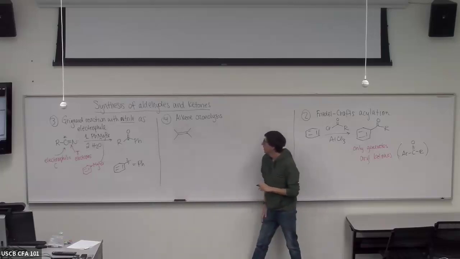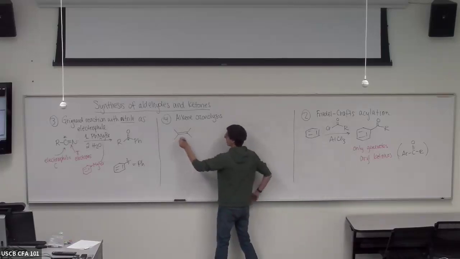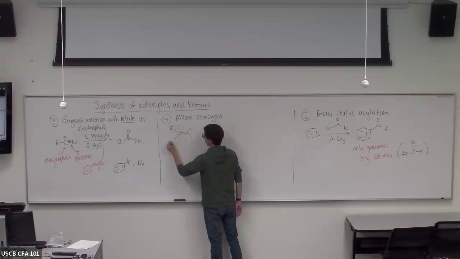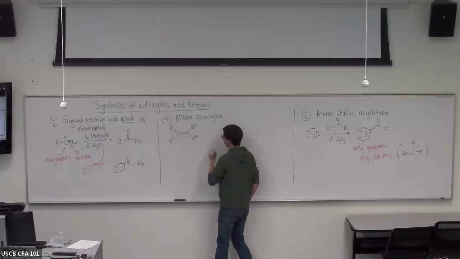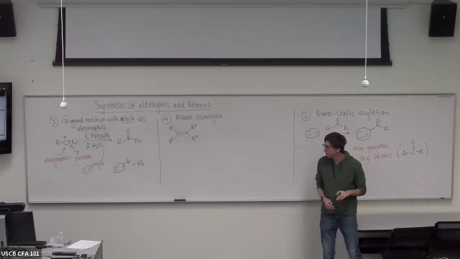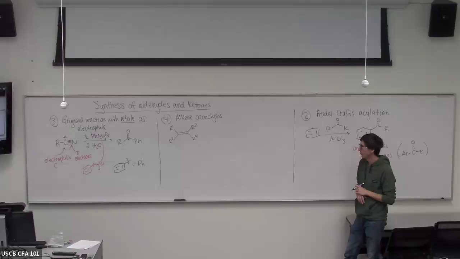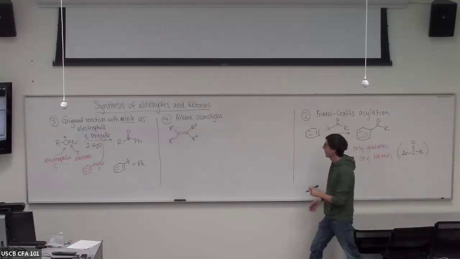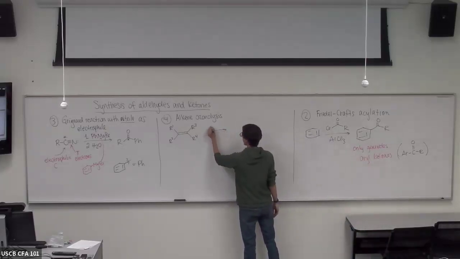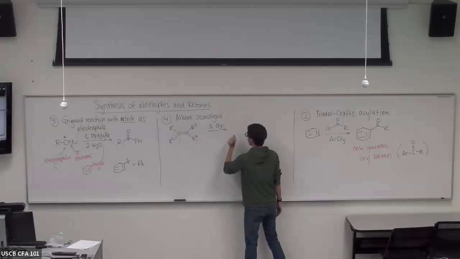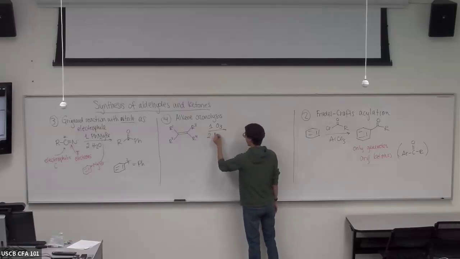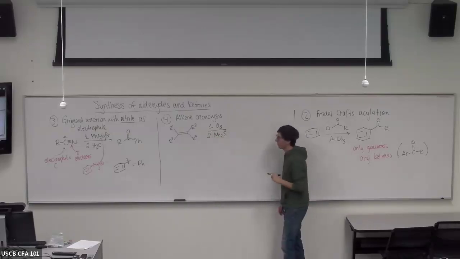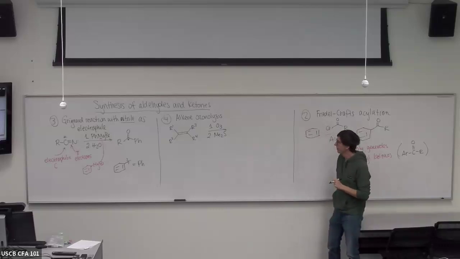Okay, so if we take an alkene, and let's say it's got R1, R2, R3, R4, just to keep track of the different groups. If we treat this with ozone, O3, and then dimethyl sulfide, again, stinky, but sometimes necessary.